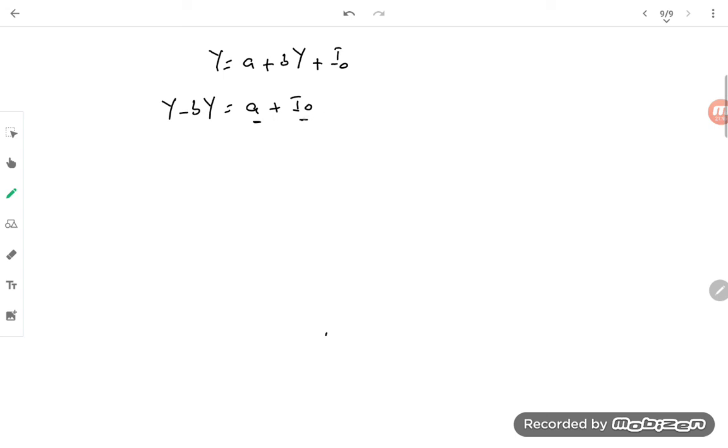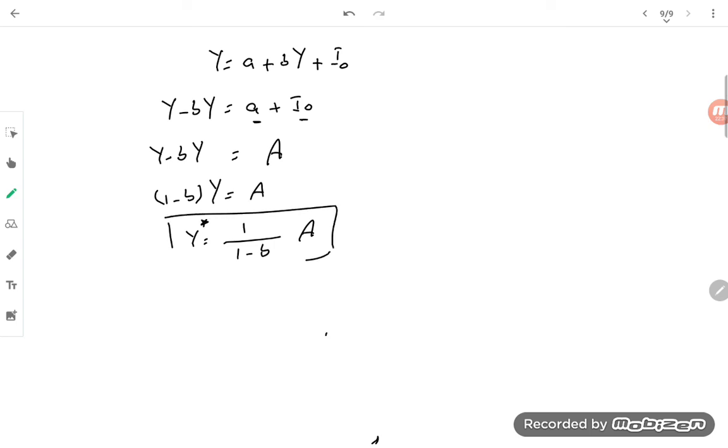So we can sum them together as A. Now we can take Y as a common factor, so we write it as (1 minus b) Y equals A. Divide both sides by 1 minus b. So it is Y equals 1 over 1 minus b times A. So this is the equilibrium level of income.